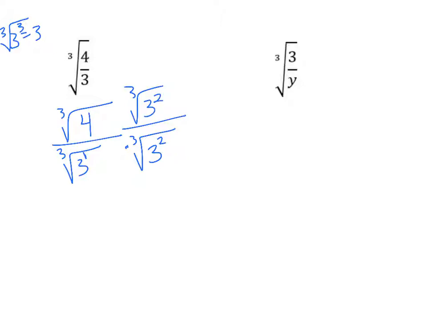Now in my numerator, I'm going to have a cube root of 4 times 3 squared. 3 squared is 9. 9 times 4 is 36. In my denominator, I'm going to have the cube root of, and I can write it as 3 cubed.